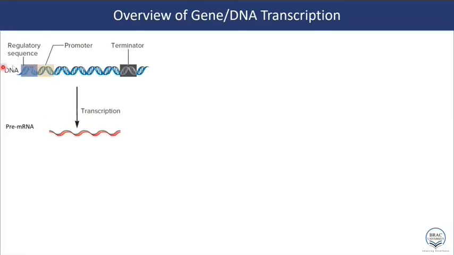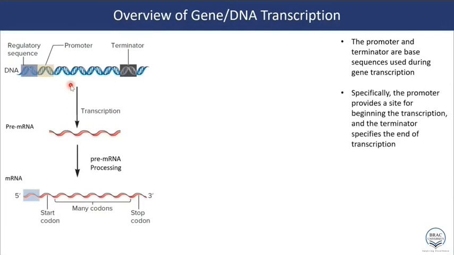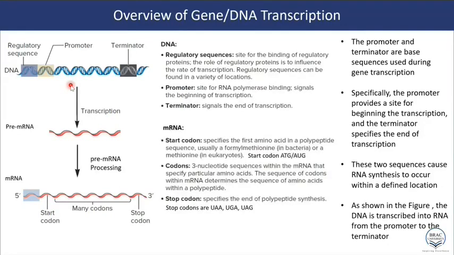They are called regulatory sequences and regulatory proteins of a particular gene. If they increase the transcription or gene expression of a particular gene, they are called enhancers, and the opposite for silencers.